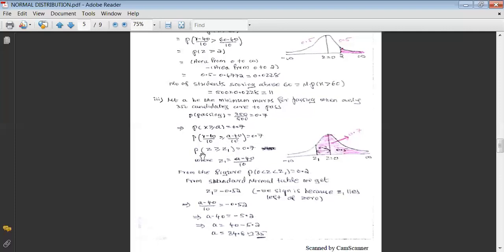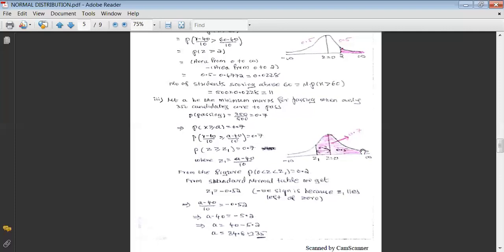Now we have to find the value of z1 for which the probability is 0.7. The question is why we have taken z1 at the left. First, we don't know where it has to be chosen. Let us take z1 at the right side somewhere.